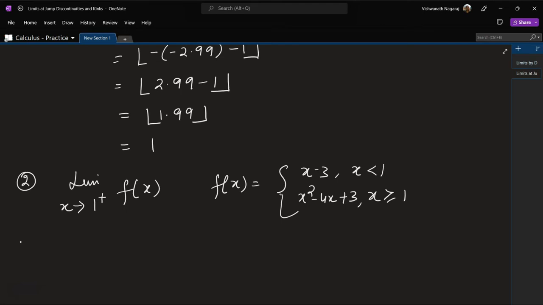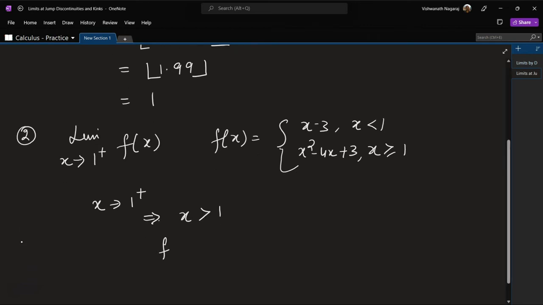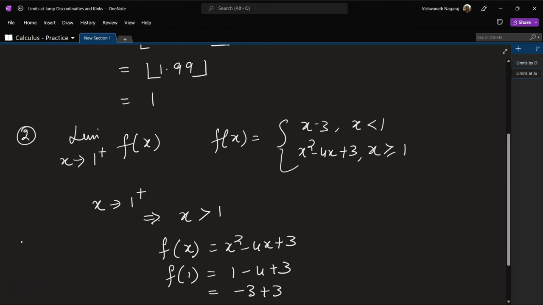Here it is coming from the right hand side, so x is greater than 1, and it can also become equal to 1. Because of this, f of x is x square minus 4x plus 3, and since it can become equal to 1, we can use direct substitution. So 1 minus 4 plus 3, which is minus 3 plus 3, which is 0.